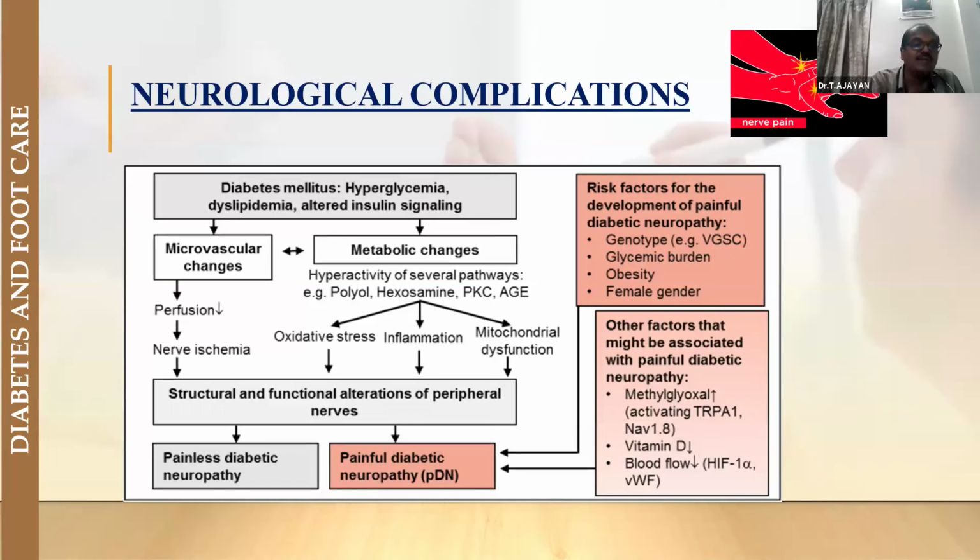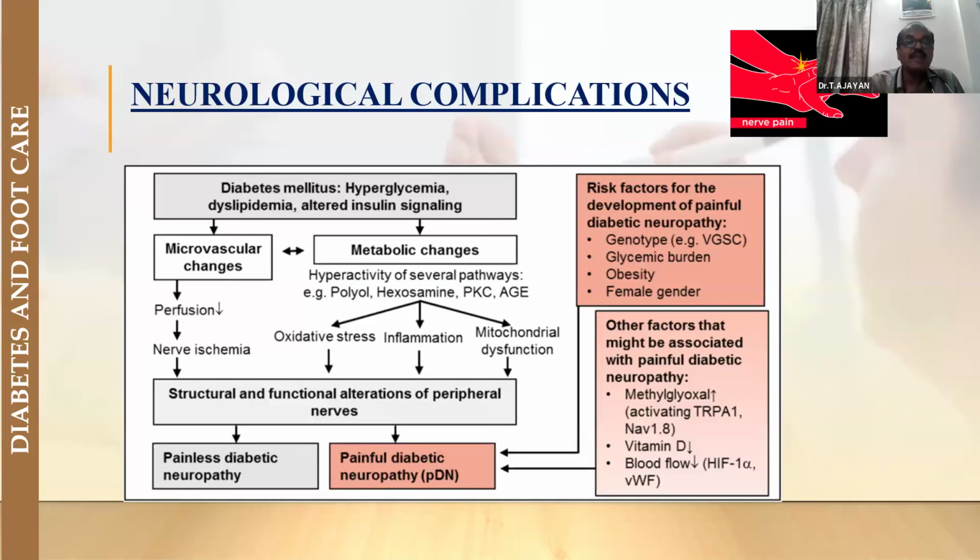That means the blood flow towards the nerves is decreased, which can lead to structural and functional alteration of, first of all, the peripheral nerves. That is the microvascular change, the main reason for the neurological complication in diabetes, leading to structural and functional alteration of peripheral nerves.